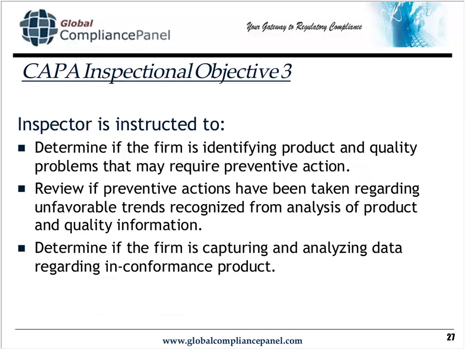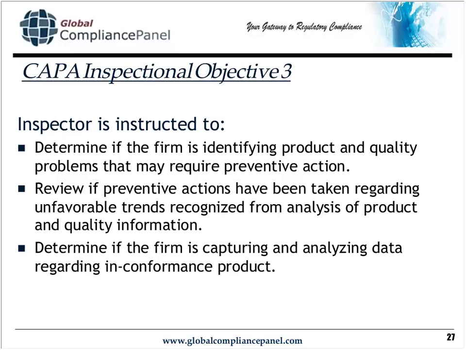So by that nature, you are meeting the bare minimum of capturing and analyzing data regarding in-conformance product. If you have a higher risk device, you may want to take that a step further and implement statistical process controls, which is to have alert and action limits for in-conformance products.